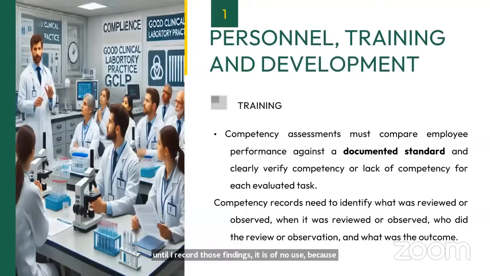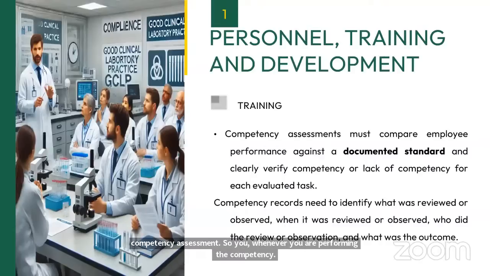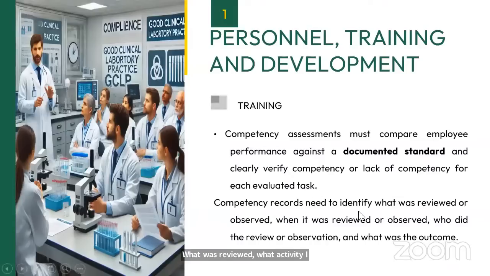Whenever we are performing the competency assessment, we should know what was reviewed, what activity I have observed, or what assessment I have performed. So you should mention specifically which activity has been observed or reviewed. Then when it was reviewed or observed, the date and time, you should mention in the competency records.